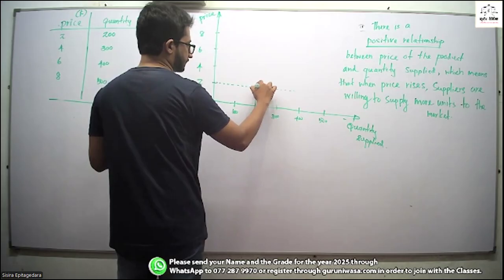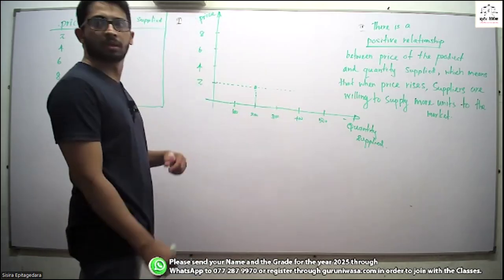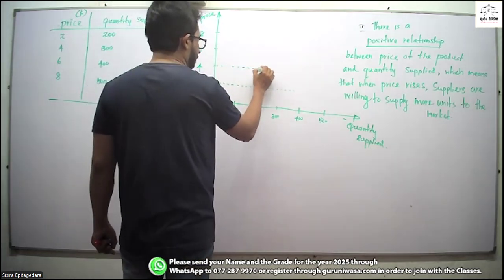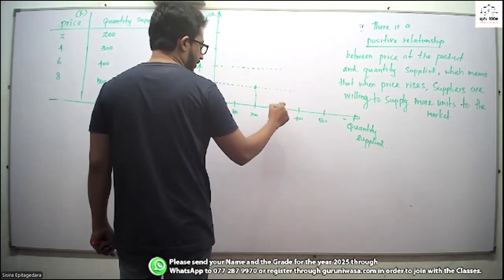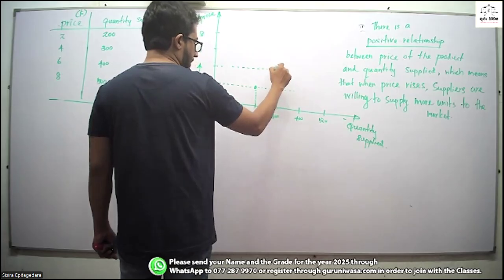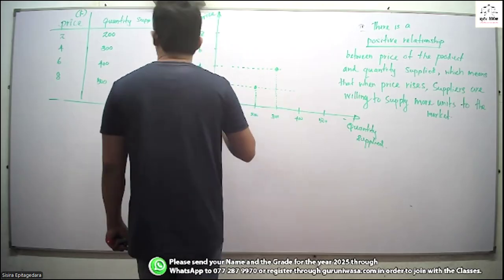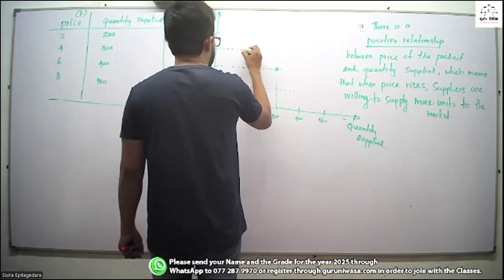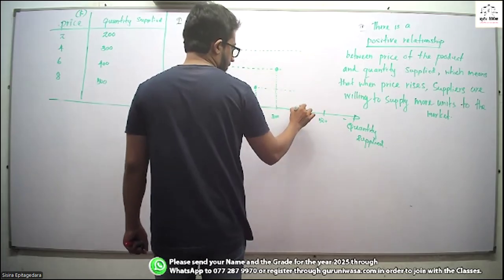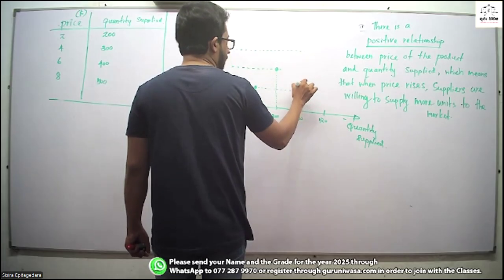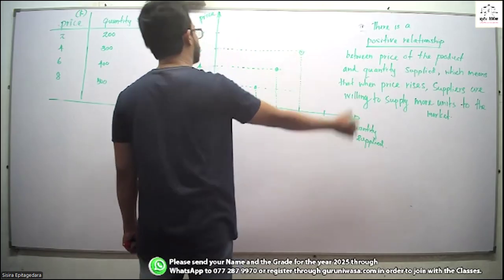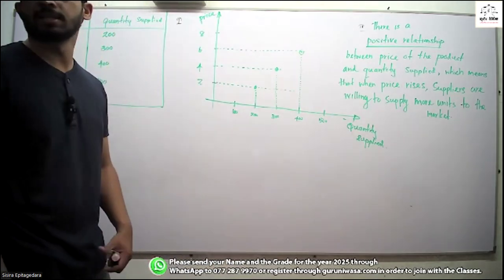Here's the point. When price is $4, suppliers are willing to supply 300 units. When price comes to 6 rupees in the market, suppliers try to sell 400 units in the market because they can earn more profit at price 6.